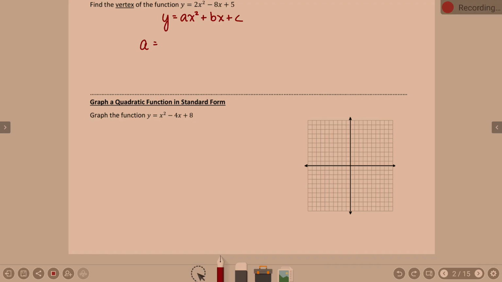My A value is 2 because it's in front of the x squared. It's the coefficient of the x squared. B value is -8. It's the coefficient of the x term. And C value is 5. It's a number that has no x's with it. It's a constant.